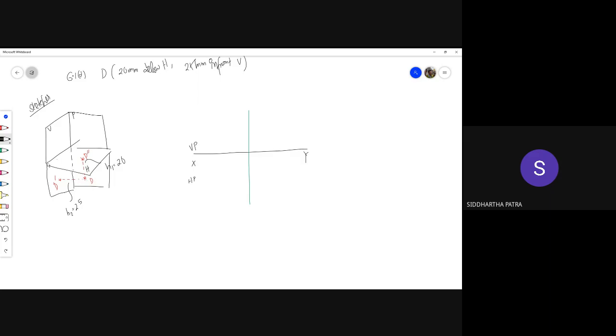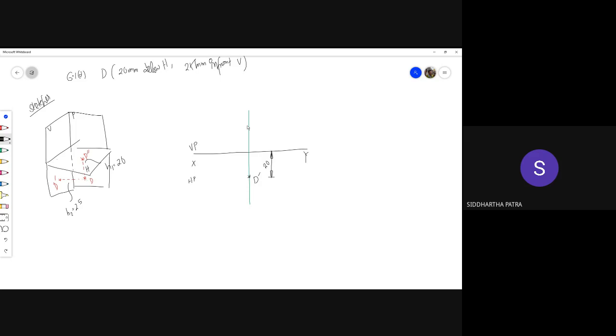So on the vertical plane, we are trying to draw the object, and this is how the point would look on the vertical plane, 20 millimeters below the horizontal plane. I need you to imagine that whatever this thing is, that is actually your vertical plane itself.